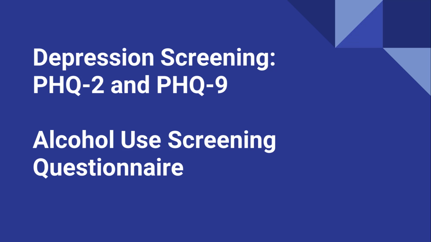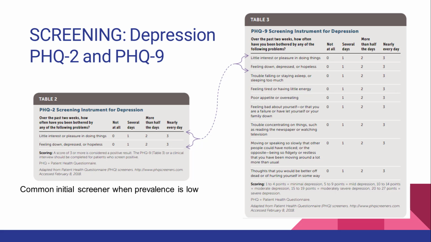We're going to finish today's video talking about the depression and alcohol use disorder screening questionnaires. Now, earlier in GEM, we learned about the depression screening questionnaires, the PHQ-9, and the first two questions of that screener about depressed mood and anhedonia, the PHQ-2.